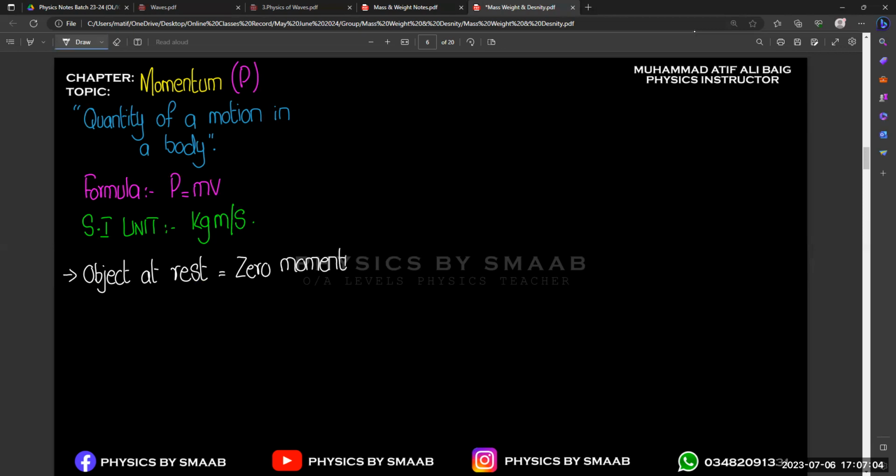When solving a question, if you observe an object is at rest, you need to know whether we are going to use the concept of momentum there or not.